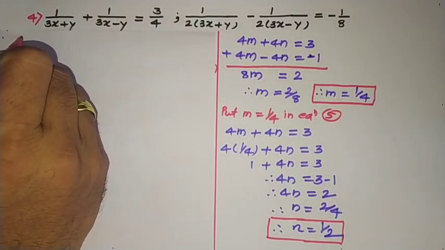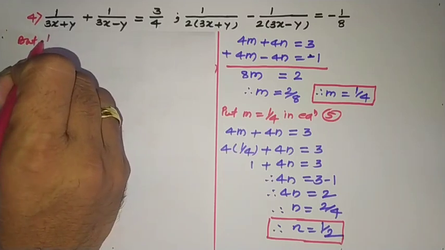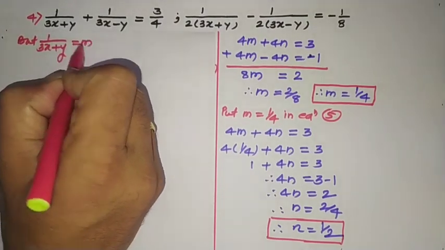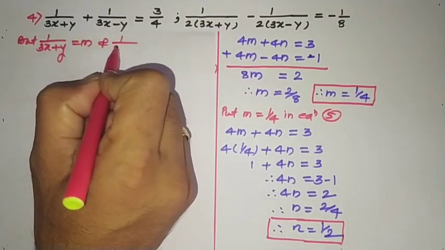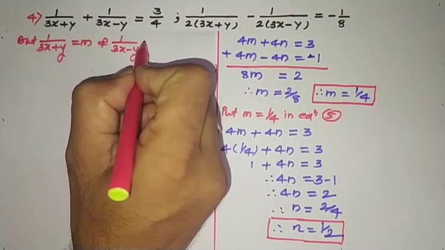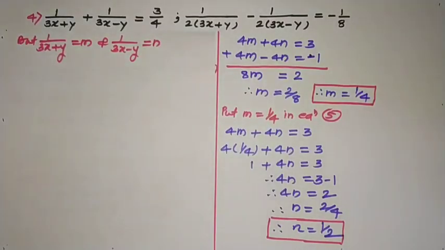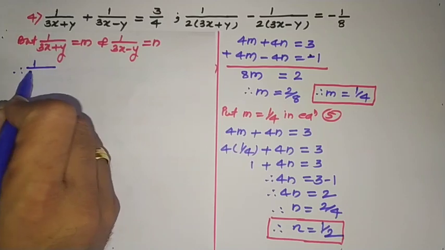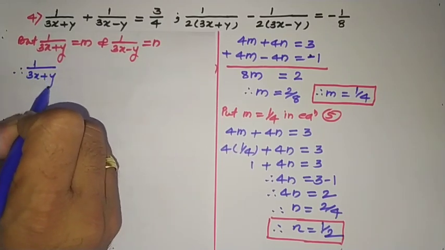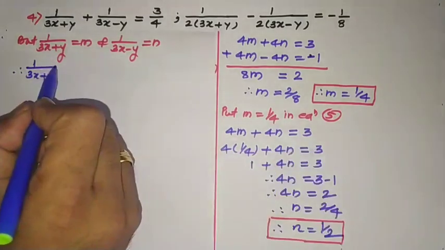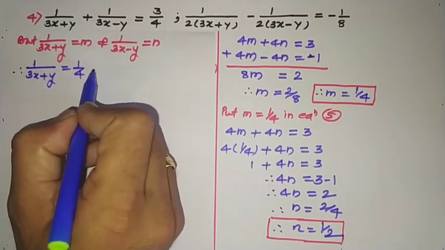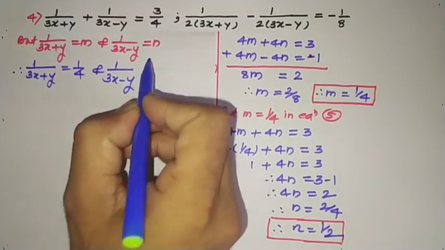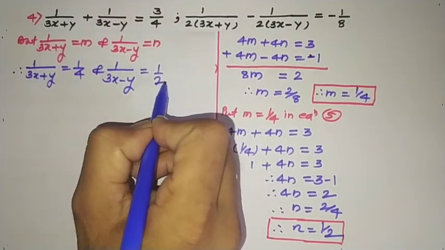But 1 upon 3x plus y is equal to m and 1 upon 3x minus y is equal to n. Put the values of m and n here. 1 upon 3x plus y is equal to the value of m, 1 upon 4, and 1 upon 3x minus y is equal to 1 upon 2.